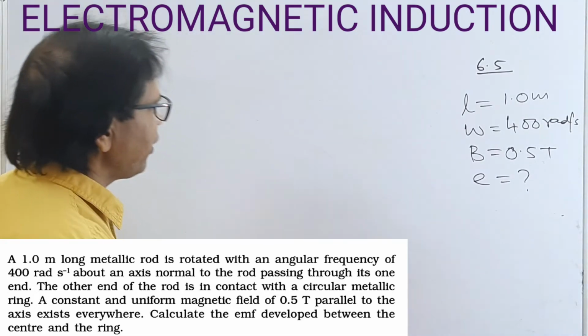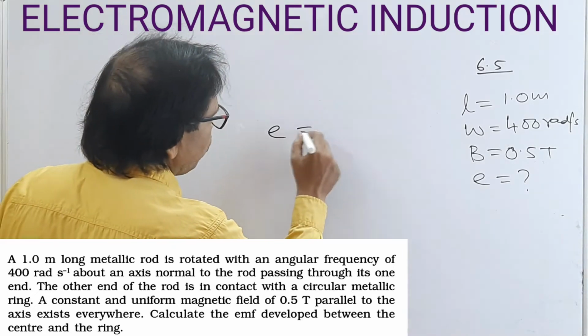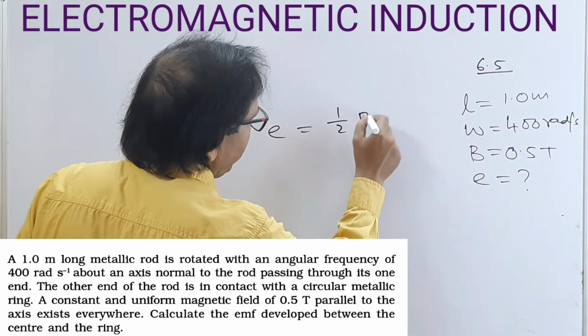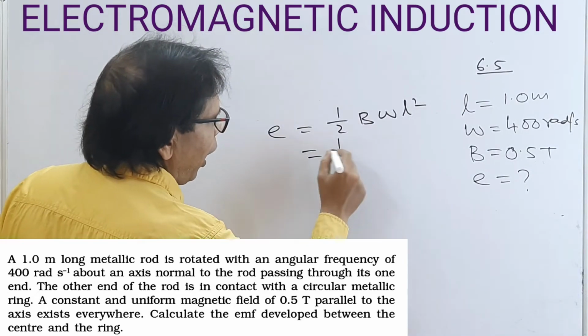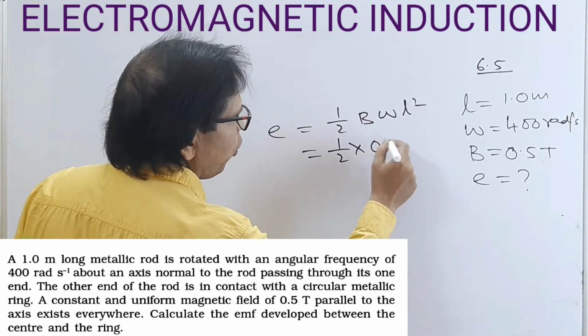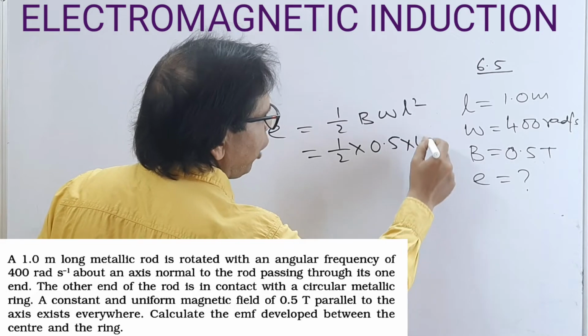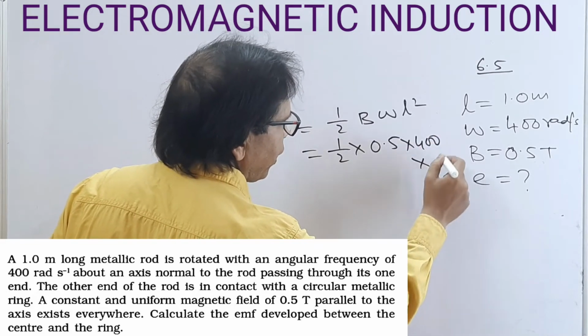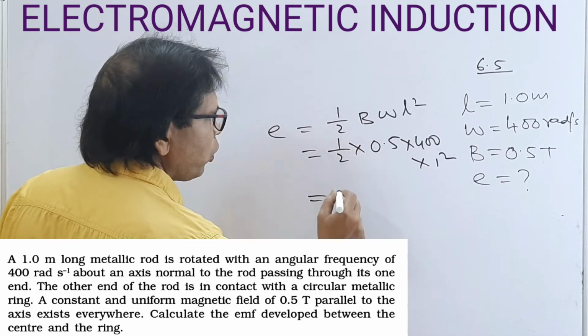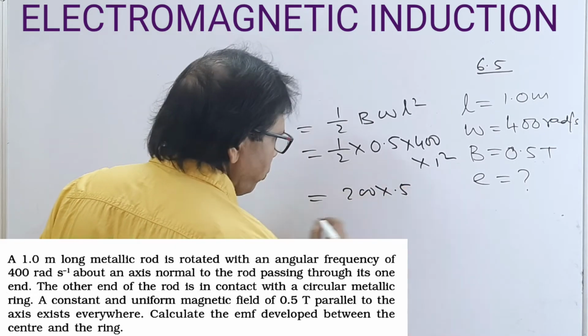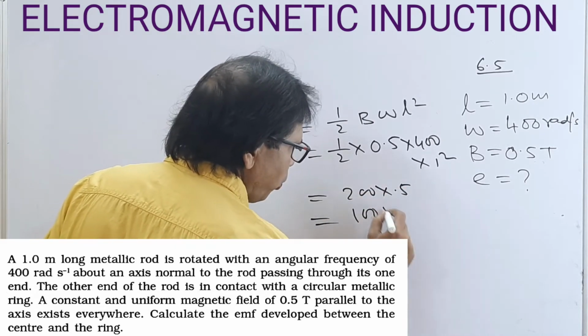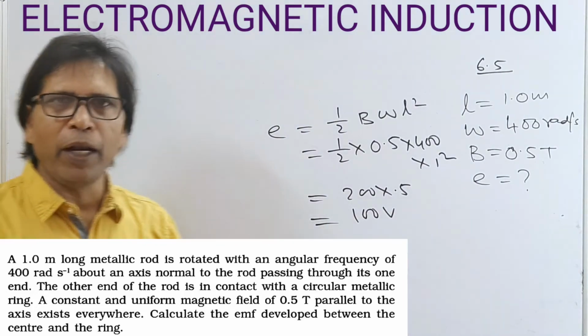Now look at this, here E equal to half B omega L square. Here B is equal to 0.5 Tesla, omega equal to 400 and L equals 1 square. So this is 200 into 0.5, so this is 100 volt.